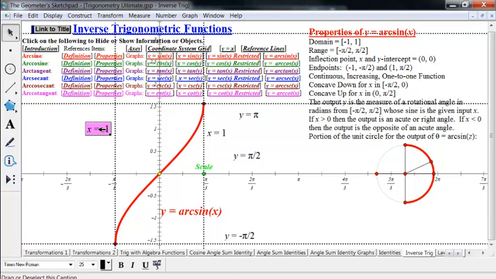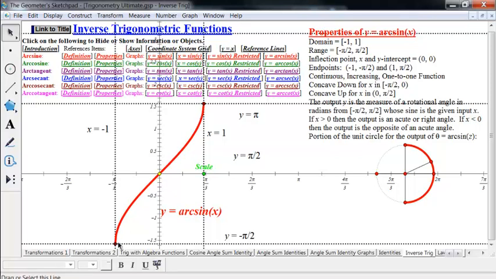The range is going to be the same as the domain of the restricted version of the sine function, which is from negative pi over 2 to pi over 2, and we can see that down here. So y goes from negative pi over 2 at this point, and it increases the whole way to this one up here at y equals pi over 2. It goes through the origin, so the x and y intercept is the origin right there, and it has these endpoints at negative 1, negative pi over 2, and positive 1, positive pi over 2.